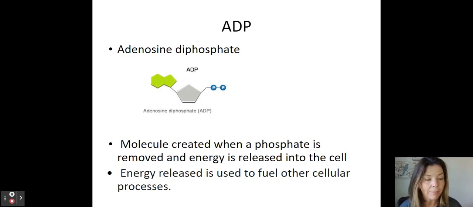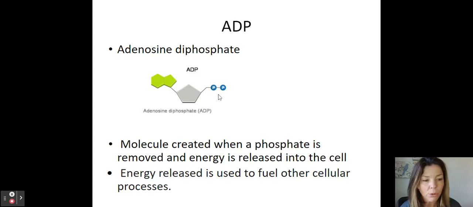As our body utilizes or needs energy, it will convert ATP, or break it down, into a smaller molecule called adenosine diphosphate. Now, di as a prefix means two, and as you take a look at your molecule here, you can see on the tail, there are no longer 3 phosphates.